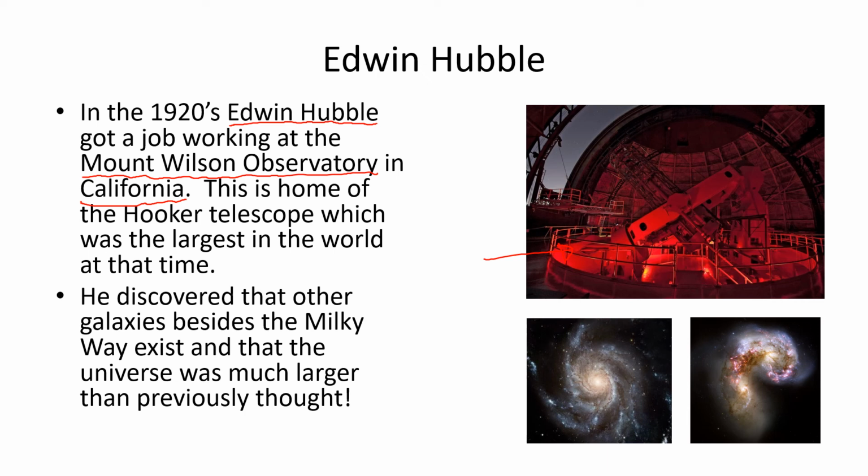And so it made our place in the universe a lot smaller. There were billions, as many galaxies out there as there are stars in our own galaxy. So this radically expanded our understanding of the universe.